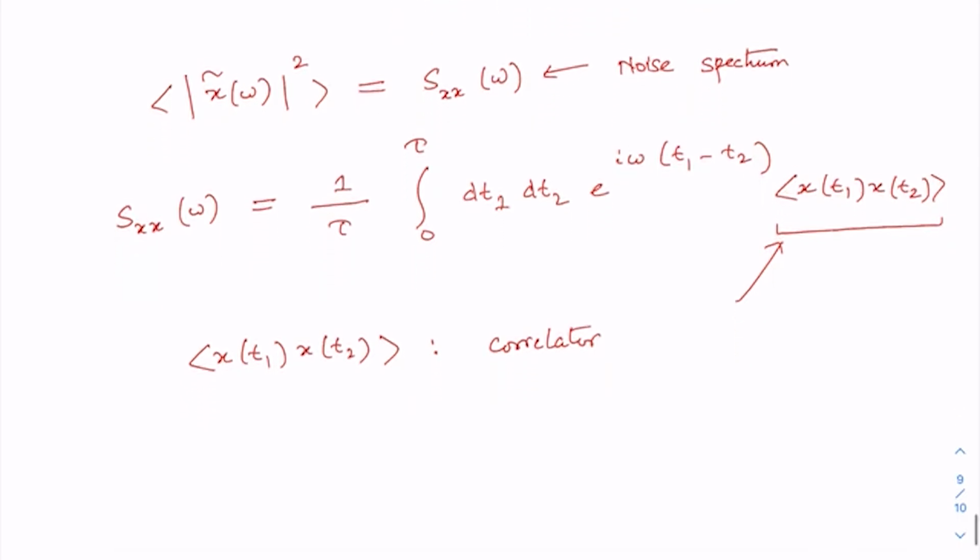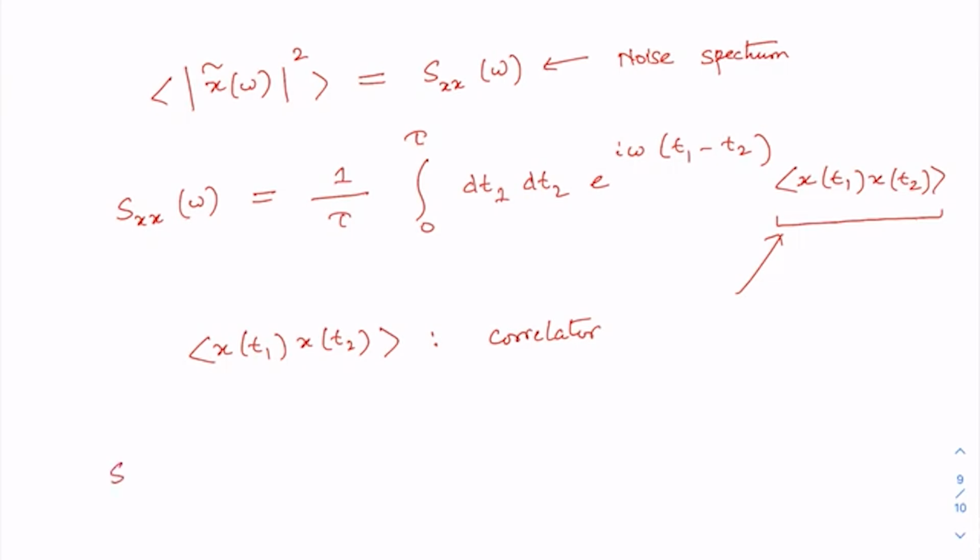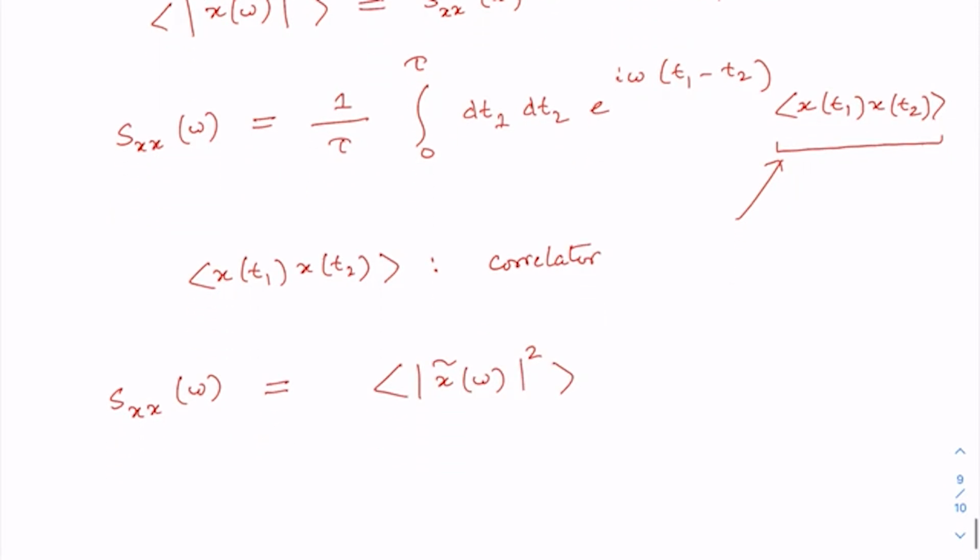So it can be shown just by changing variables that in the steady state I can express S_xx of omega, which is the noise spectrum, the average of x tilde omega mod square. It can be shown that the integral runs from minus infinity to plus infinity because all times are equivalent. So therefore for this correlator I can just change the time variable and write it like this.